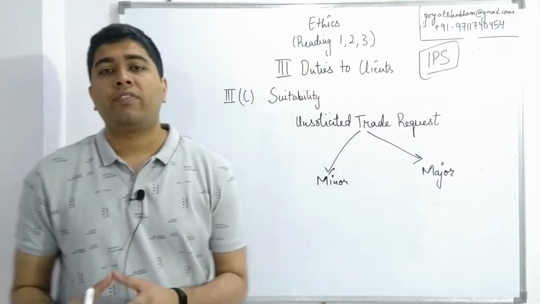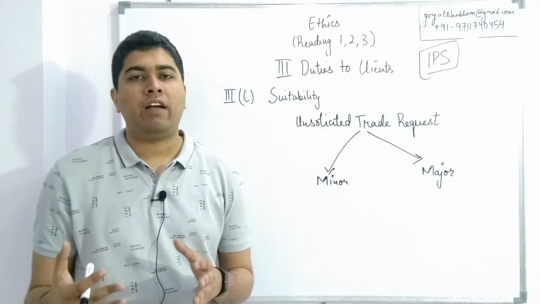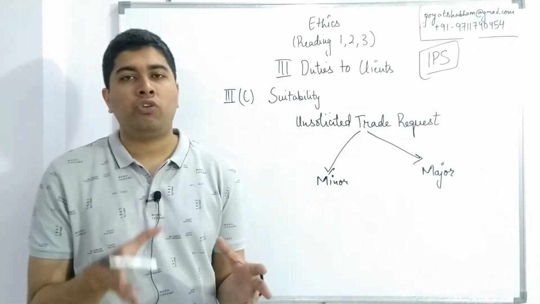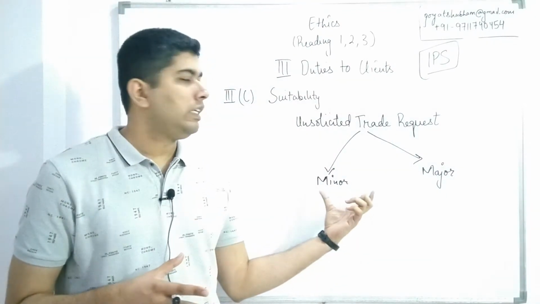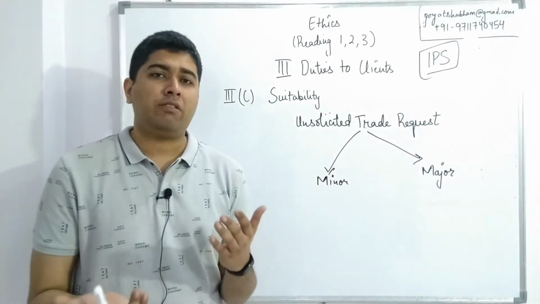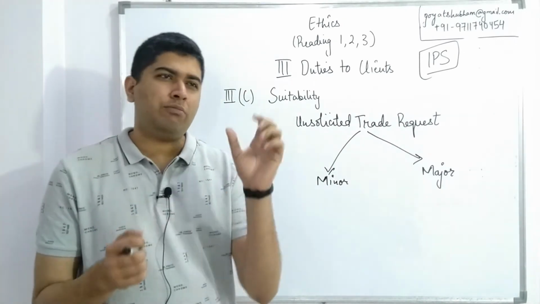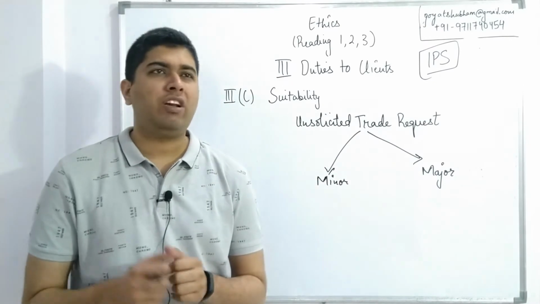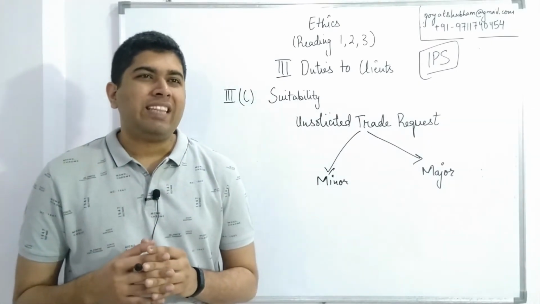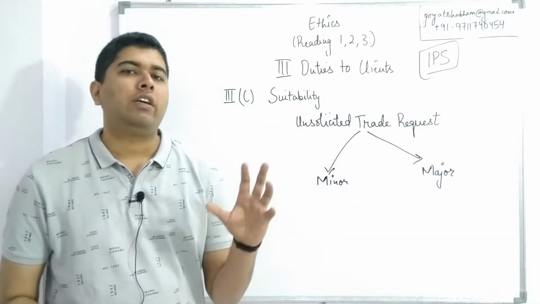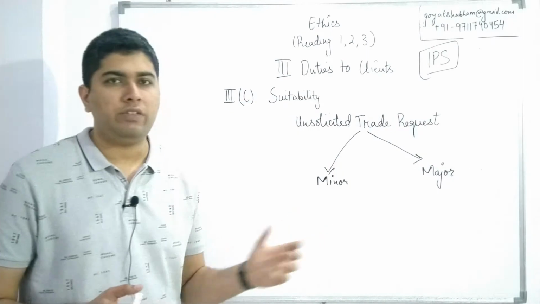Now, mind you, this classification is on the basis of the impact these trade requests would have on the client's overall portfolio if they were executed. So, in case I believe that the request the client is placing would have only a minor impact on his risk return profile, and it won't change the dynamics of his portfolio all of a sudden, in that case, generally, I can follow my firm's policy as to how I'm supposed to deal with these issues.